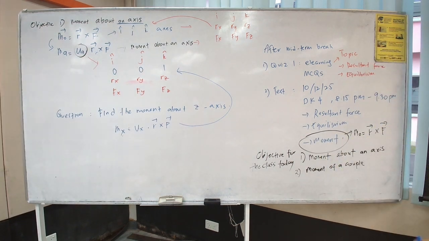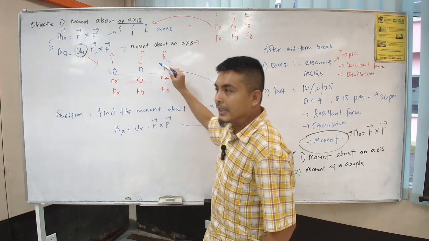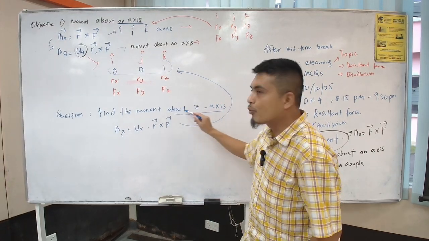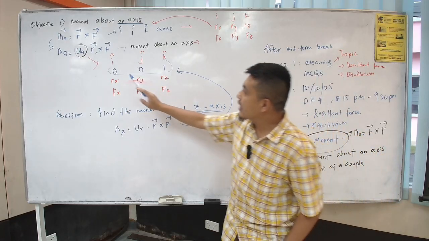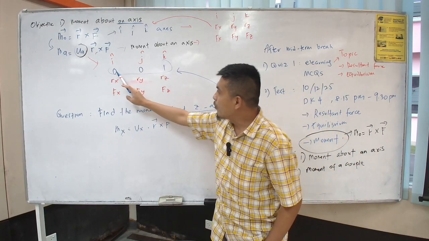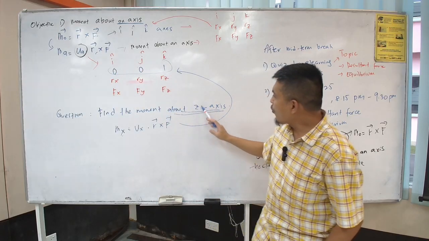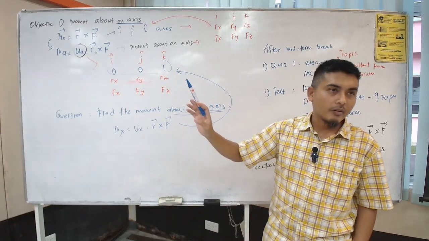So it means that the values in the first row depend on the question. If the question asks about z axis, then it becomes 0, 0, 1. If x axis, it becomes 1, 0, 0. If y axis, 0, 1, 0. Okay.